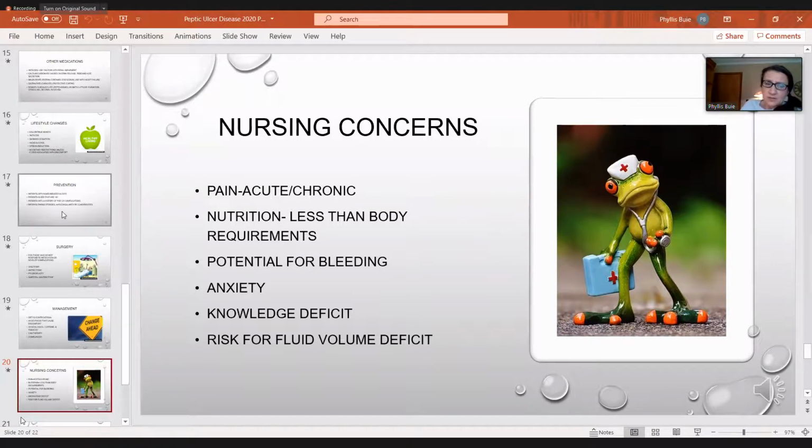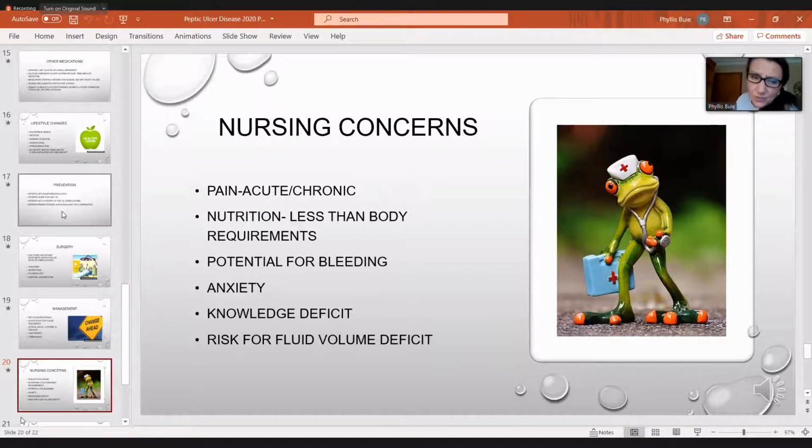What type of knowledge deficits do they have? Do they know what's wrong with them? Do they know what signs and symptoms to notify the physician about? What types of foods bother them? How can they determine what types of foods bother them? And that can be quite a challenge for some patients.